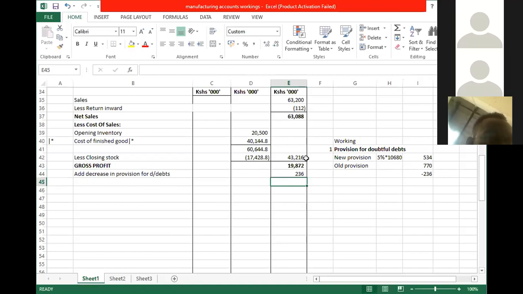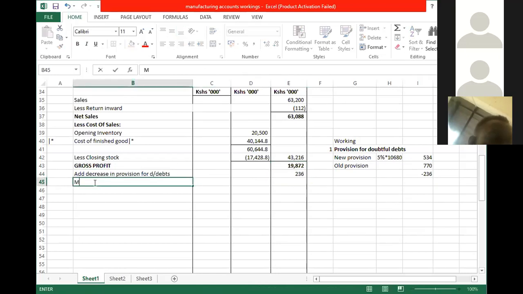Any other income? No other income apart from the manufacturing profit that we are supposed to add in here. Remember, that is a profit on its own that went to the department that was doing the manufacturing. So what was the profit? 6586.8.